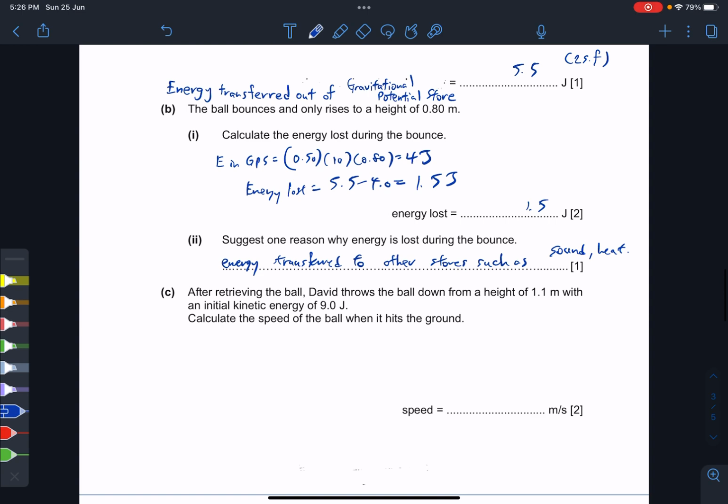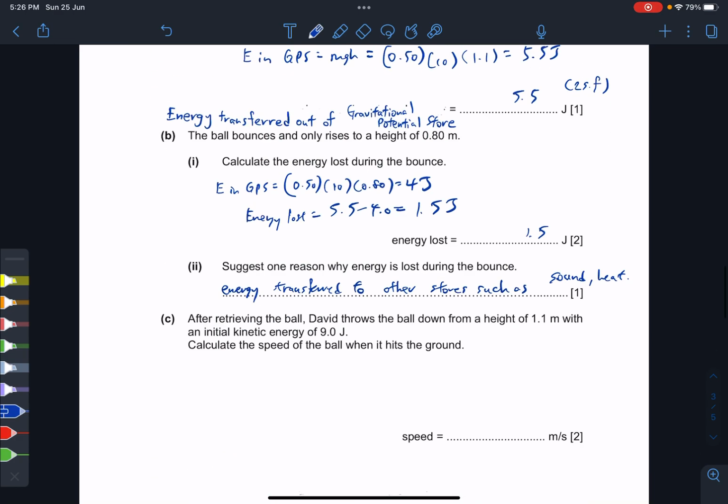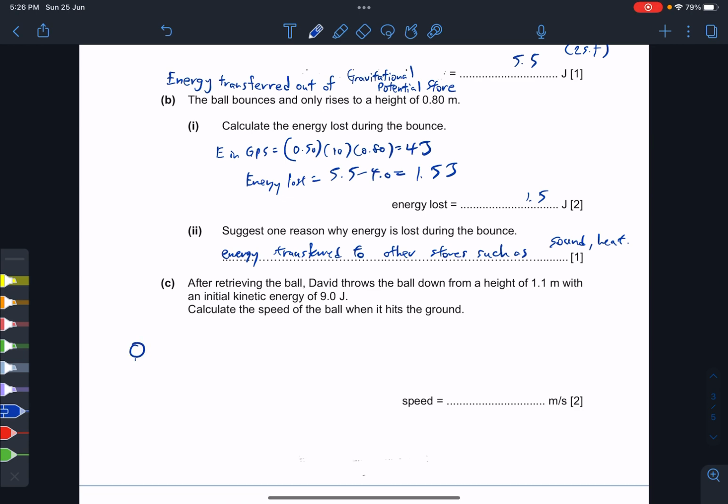So same idea. So what do we have? Okay, how do I put it? I'm going to try and draw. So in this case, this is your 1.1 meter, but this one has the energy in its kinetic store already.